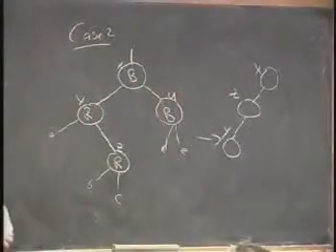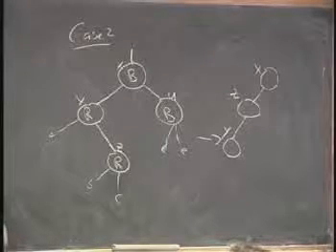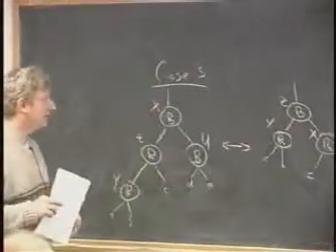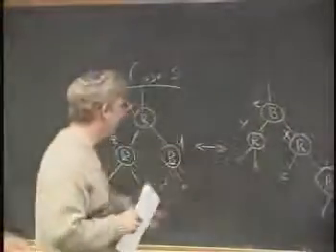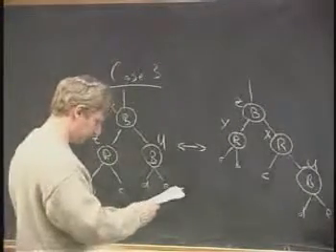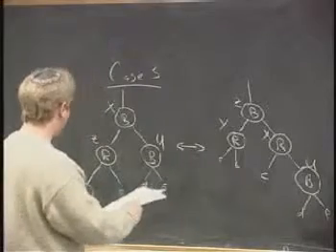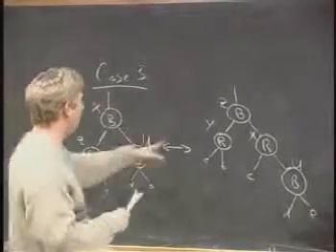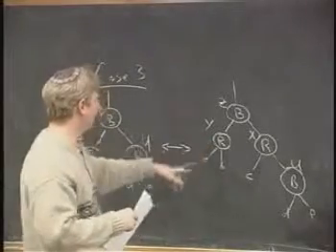Yeah? Sorry to interrupt, but back over to case 3. I'm looking at the right, and is that left colored right? Or should Y be black? No, I think Y should be red. But going down from Z, you have two different lines.